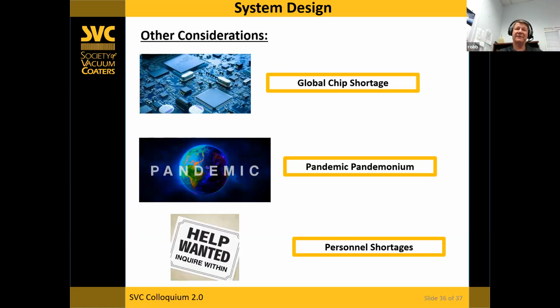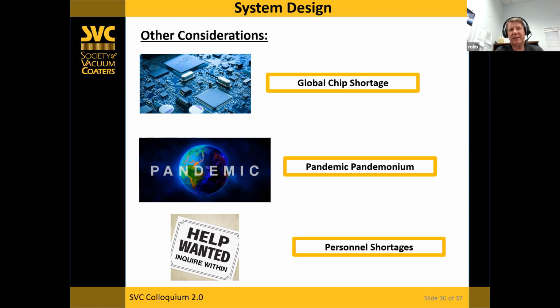Throwing everything out there, just be aware that deliveries are not what they used to be, because of things that you hear about in the news, the global chip shortage, the pandemic that's going on now, and you can see help wanted signs if you drive through just about any town in the States now. People are always looking for workers.